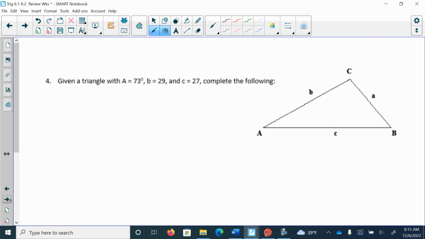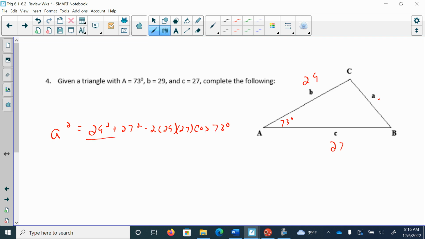Given triangle A with 73 degrees. Side B is 29, side C is 27. So I still don't have this opposite pair, so I'm going to have to do the law of cosines. I'm going to have to solve for side A. So I'm going to say A squared is equal to 29 squared plus 27 squared minus 2 times 29 times 27 times the cosine of 73 degrees.